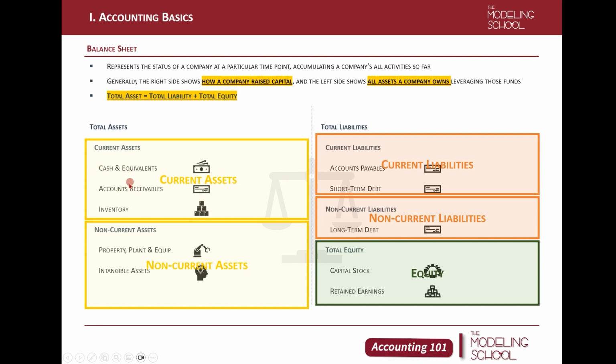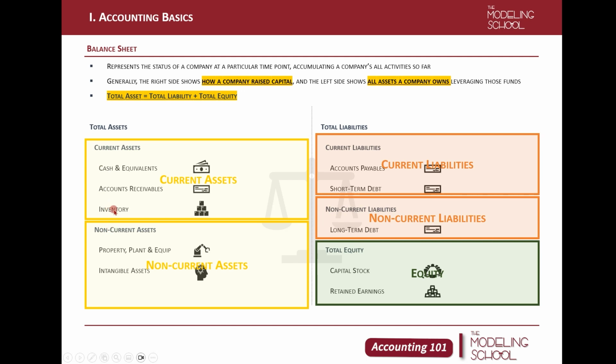We have accounts receivables, which have the potential to be converted into cash in the near future. Usually, accounts receivables will be converted into cash in under 3 months. So it's very close to cash. Inventory, on the other hand, could take some more time to be converted into cash.